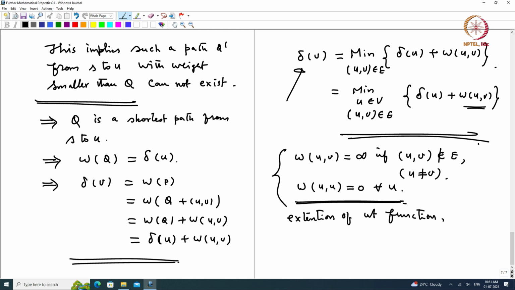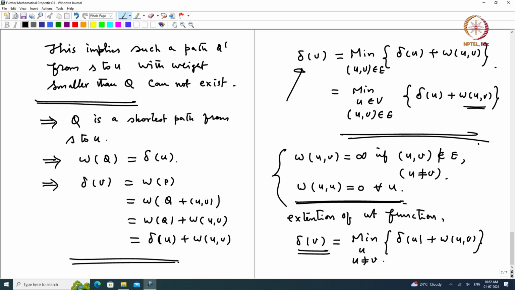Any quantity will be less than infinity anyway. Therefore, we can write this as delta v equal to minimum over u of delta u plus weight of u v. Of course minimum, so you compute this for all u not equal to v, because v is on the left hand side.